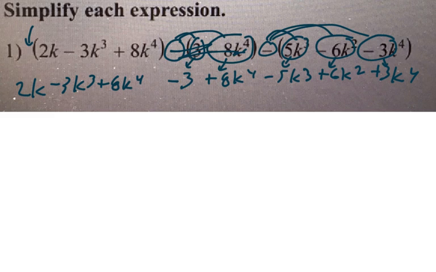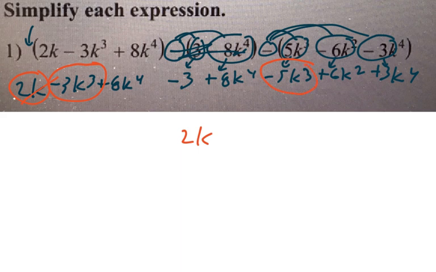Okay, so this in essence is really our problem. And what we're going to do is just carefully combine some like terms. So I have 2k here. I can only add or subtract with other k's. And there is no other case. So 2k is part of my final answer. What about minus 3k³? Well, see, I have another k³ there.